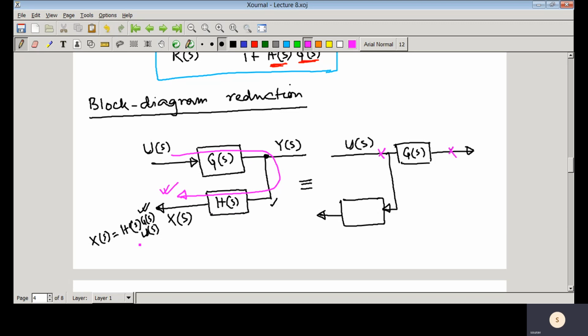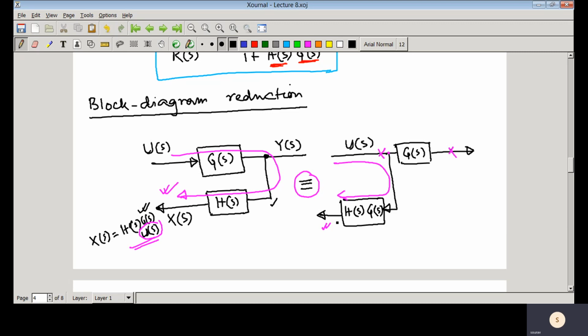You can see it here, the signal coming to this particular point is H(s) into G(s) into U(s). So now if you change this tap point from here, and as these two are equivalent, at this particular point you must have that same signal. But how can you have it? You have that U(s) here, so obviously this block transfer function would be H(s) into G(s).